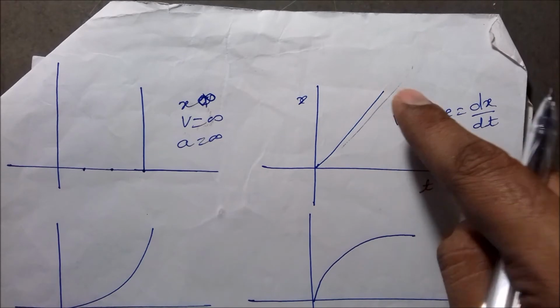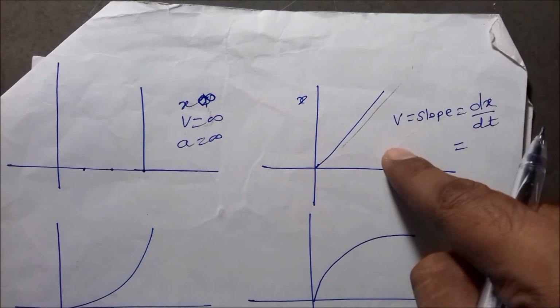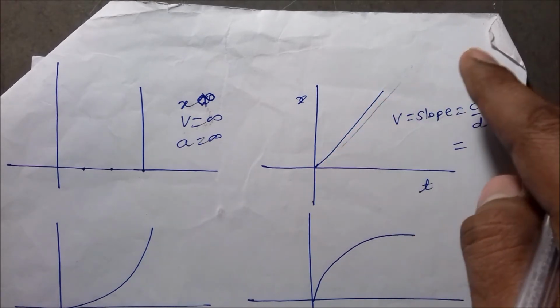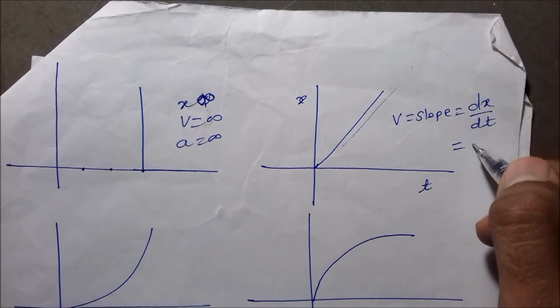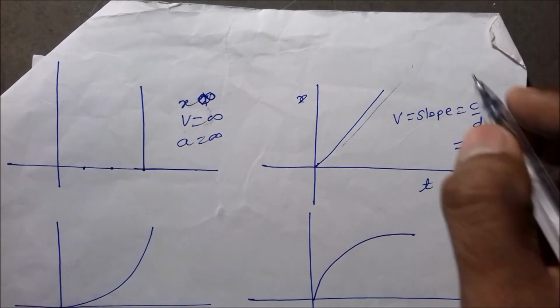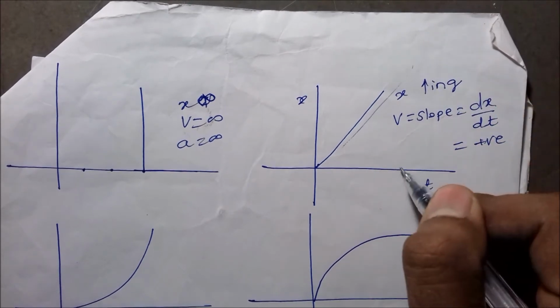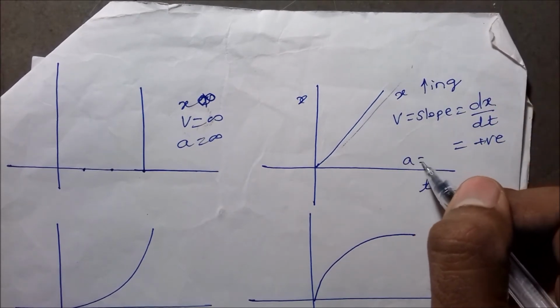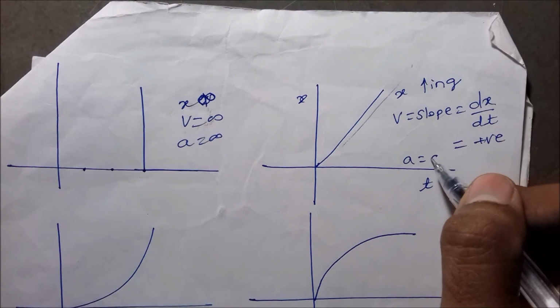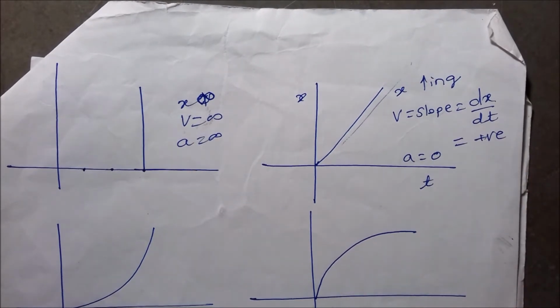Slope is constant, therefore velocity is constant. Slope is positive, therefore velocity is also positive. Here x is increasing, and velocity constant means acceleration 0.